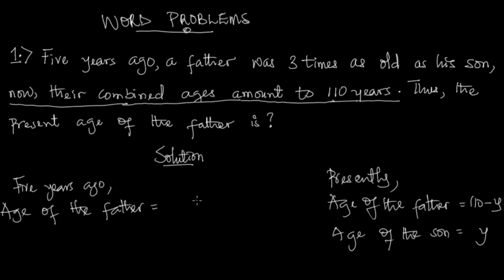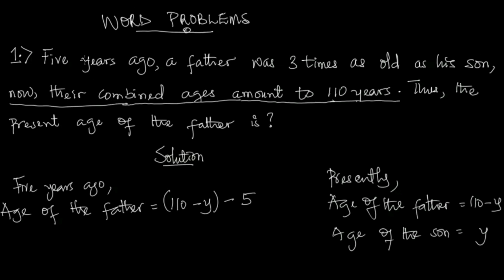So 5 years ago, the age of the father will be 110 minus y, the present age, minus 5. Alright? If I am 50 today, 5 years ago, I am 45. Right? 50 minus 5. So that's exactly what we did here. The present age minus 5.